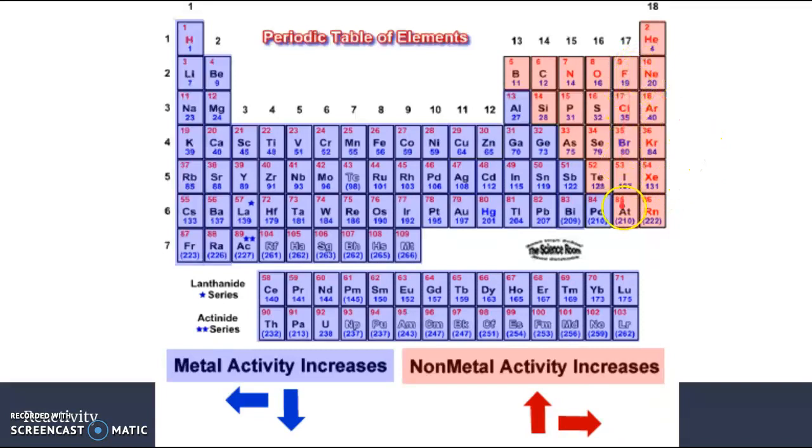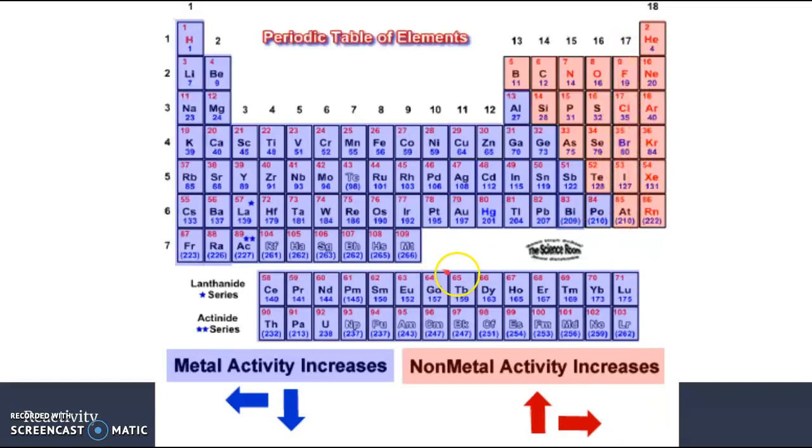Like these guys are always going to want to react with these guys, which is why you see sodium chloride, lithium fluoride, sodium bromide. All of those are, this first column, this first group really likes to react with this number 17. And this is the fluorine group. These are actually our halogens. So they always want to react with those.